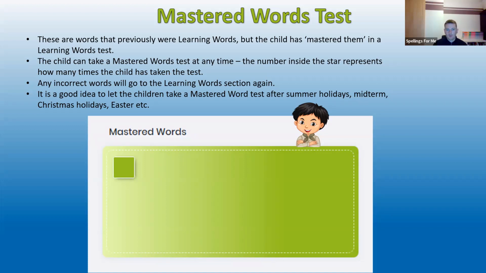To explain, let's say I'm your student and we're not using Spellings for Me. In 6th class, you as my support teacher decide we're going to study 20 spellings for September. Those spellings include Wednesday, geography, history, Saturday, and homework. I go away for the month of September and I manage to learn all 20 words. You're delighted that at the end of September I'm able to spell these words, and we move on to a new set of 20 words in October, a new set in November, and a new set in December.